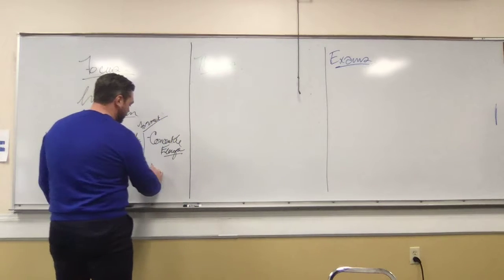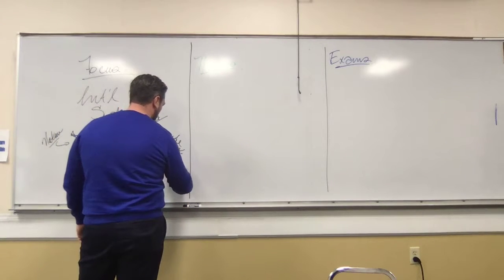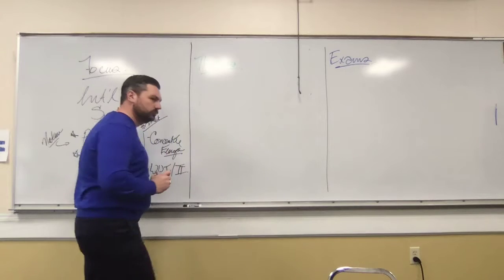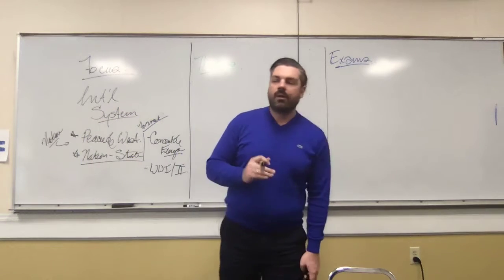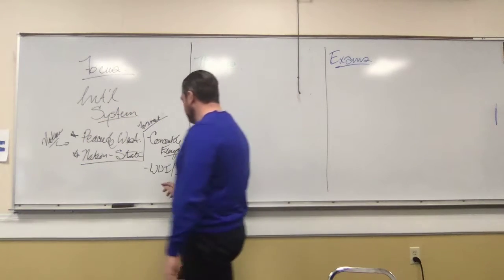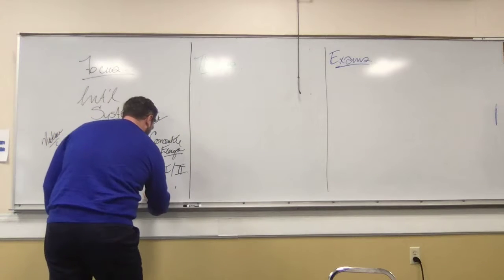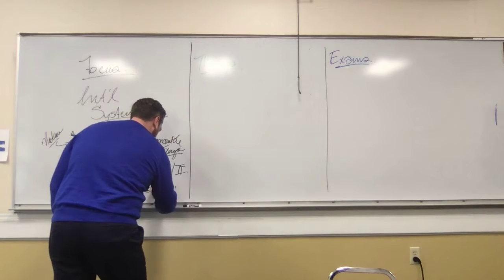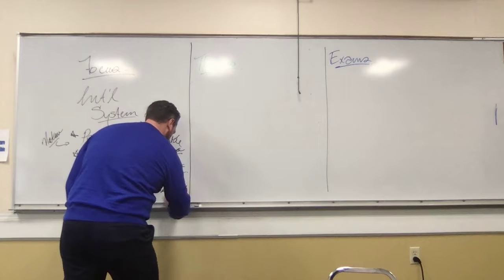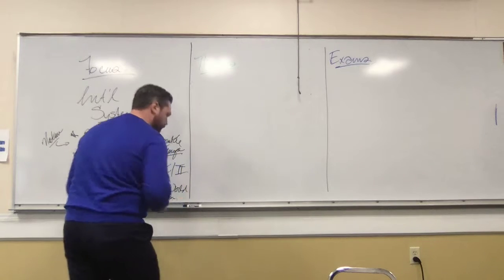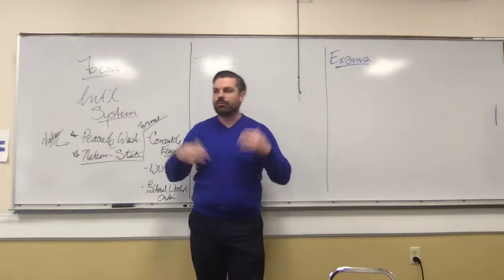We get a breakdown of that in World War I and World War II, right? Breaks down. And then currently we have, what's our current international system? The liberal world order, right? The one that takes over from the Cold War.